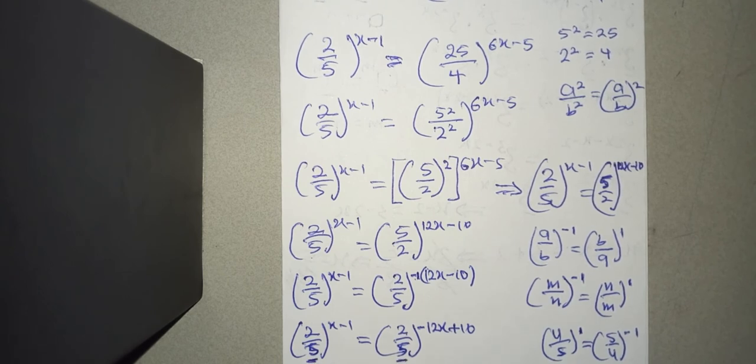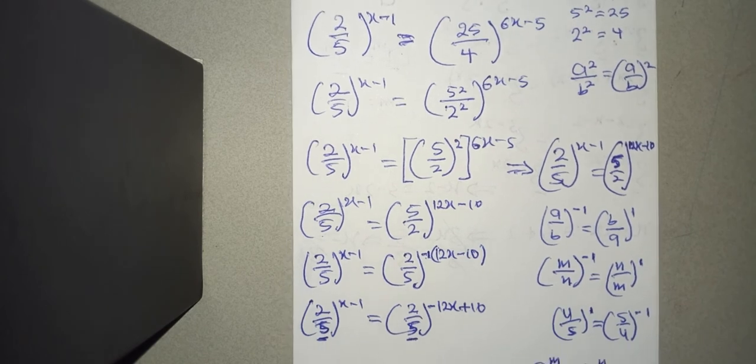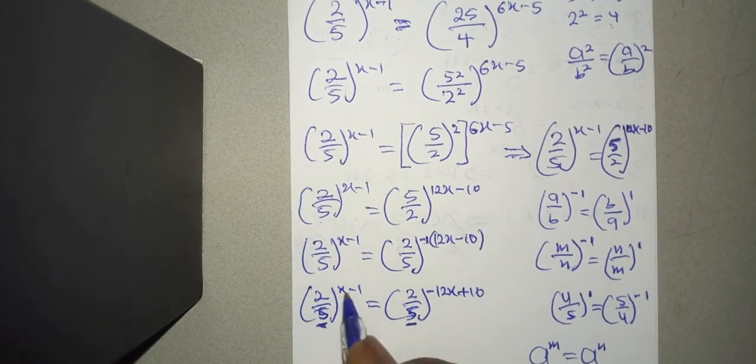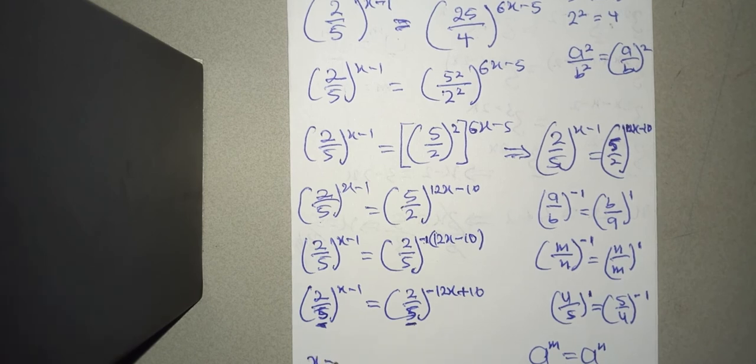And like I said earlier, if you have a to the power m equals a to the power n, then we can equate powers because the bases are the same, so that m equals n. So since this and that are the same, we equate powers, so that here you have s minus 1 equals minus 12s plus 10.